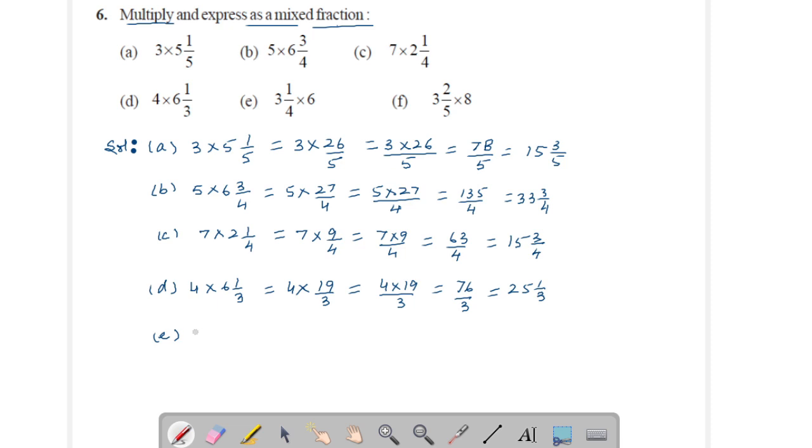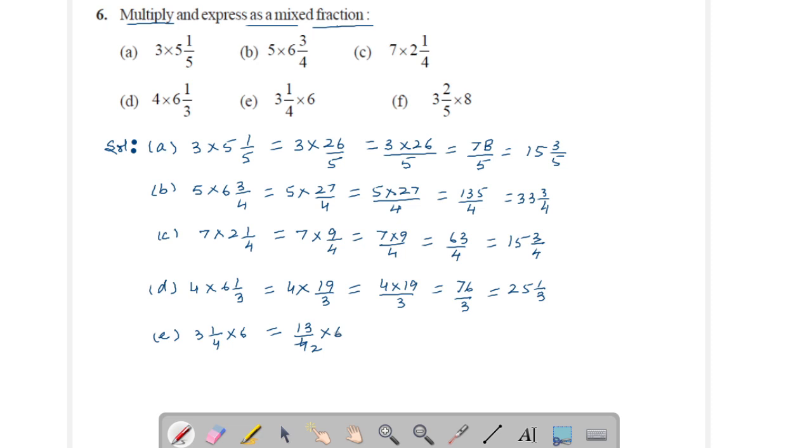It is 3, 1 upon 4 into 6. This can be written as convert into improper fraction, 3 4s are 12, 1 is 13, 13 upon 4 into 6. Here you can cancel this 4 and 6 by 2.